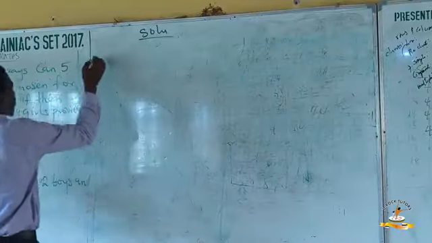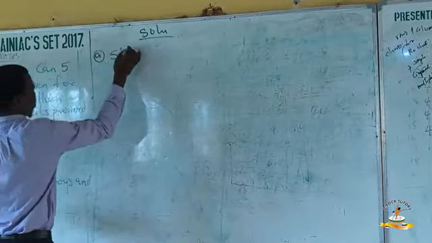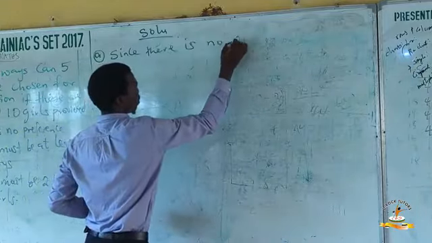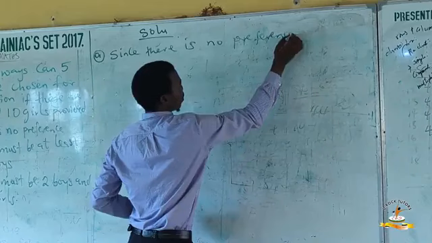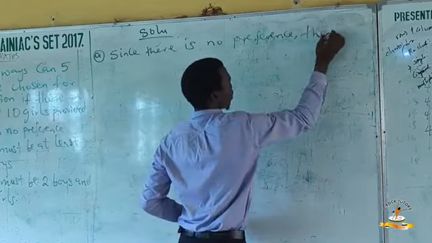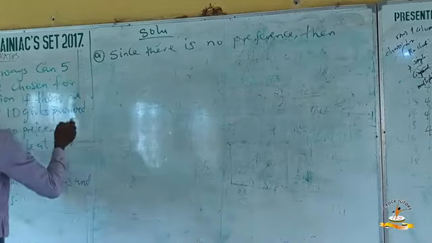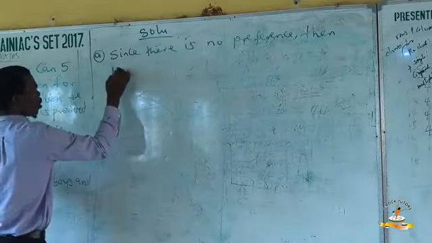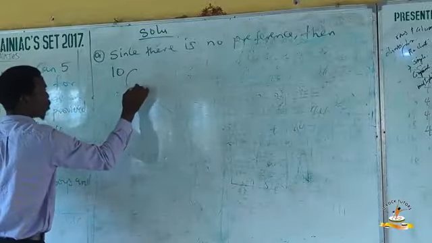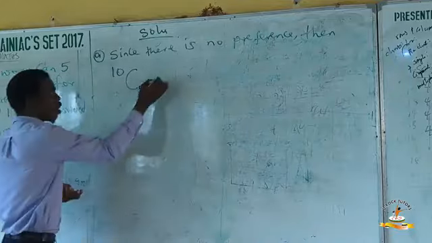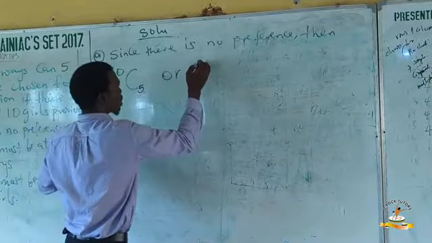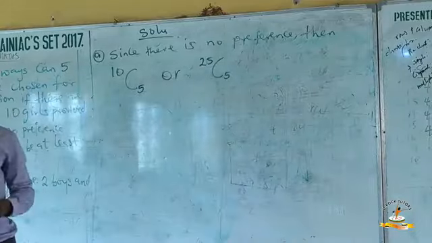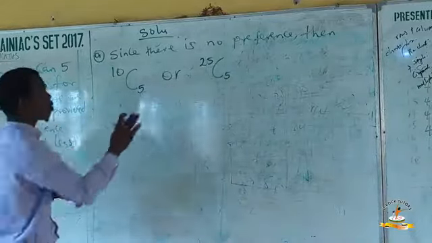The first case, since there is no preference, then you can have 5. We have 10 girls, right? I can choose all the 5 people from the girls, or all the 5 people from the boys. And apparently it has to be plus. So I just add it up.